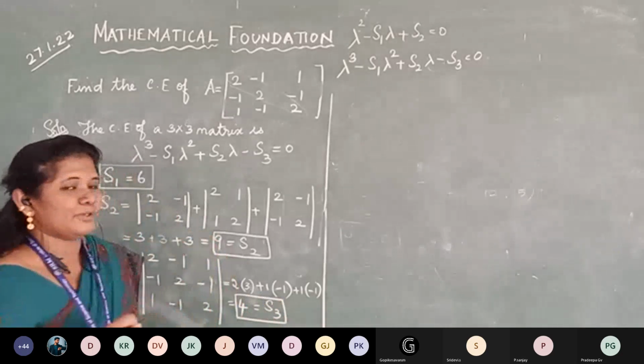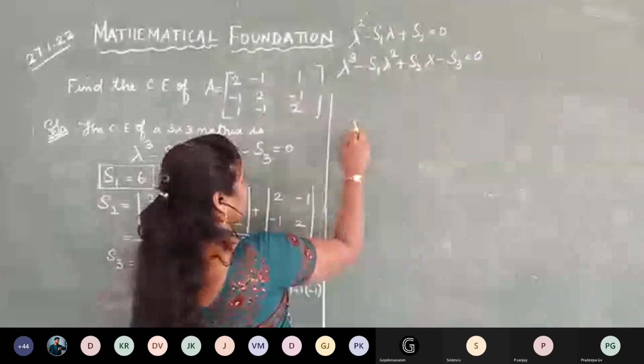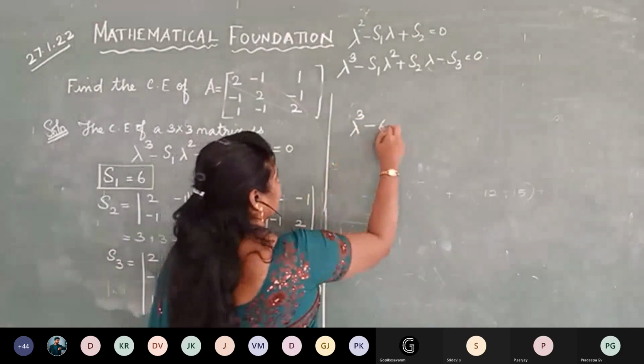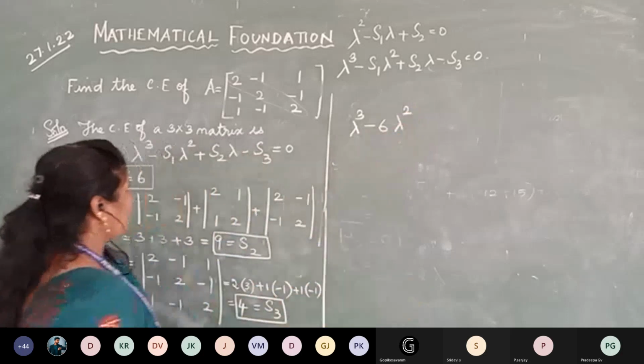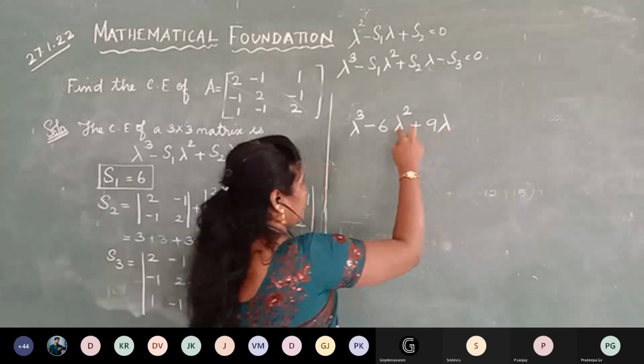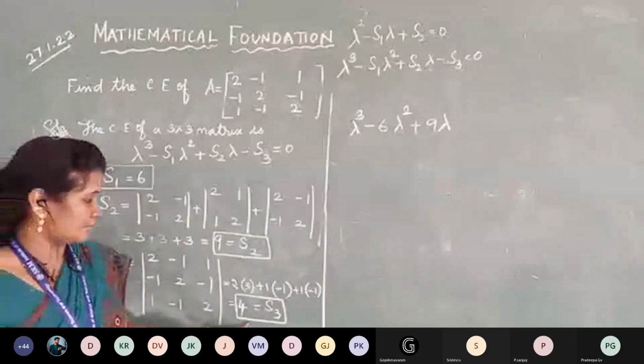As soon as you get your S1, S2 and S3, substitute it in this equation. So your lambda cube minus S1, which is 6, 6 lambda square, plus your S2, which is 9, 9 lambda. Don't forget to write this lambda, okay, because these are all scalars.